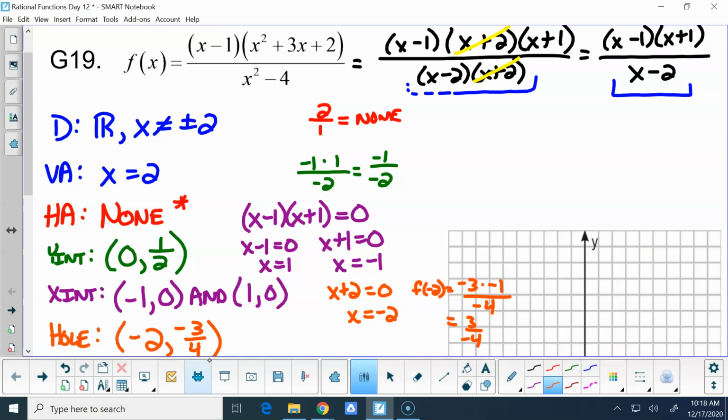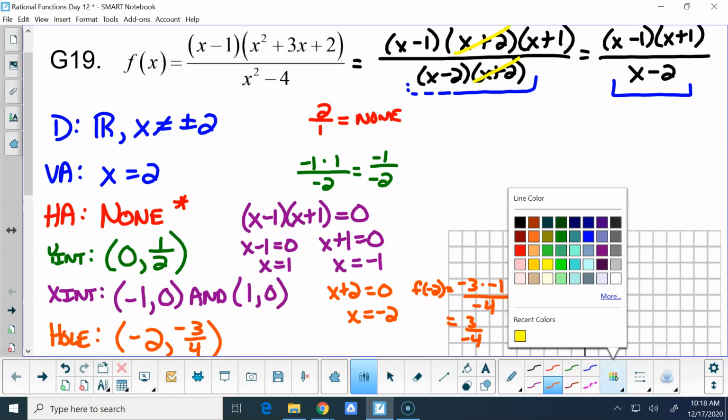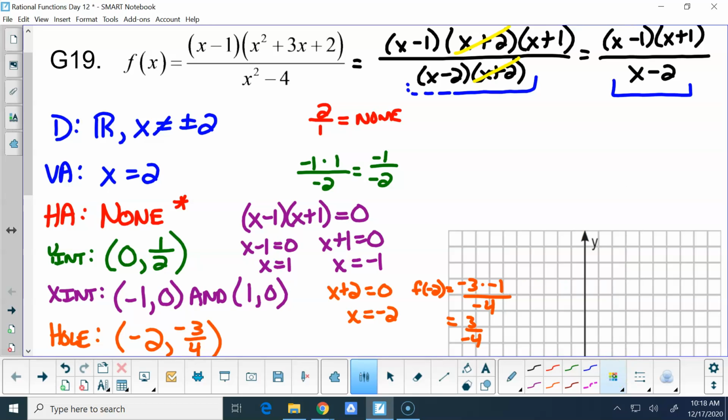So that was 5. Step 6 is we have to find the slant asymptote. We have a slant asymptote. So if I do x minus 1 times x plus 1, I got to multiply that back out. That's going to be x squared plus x minus x, so that's plus 0x, minus 1.